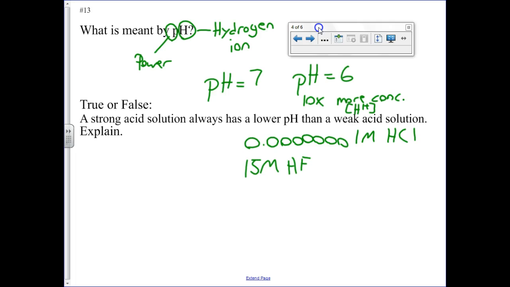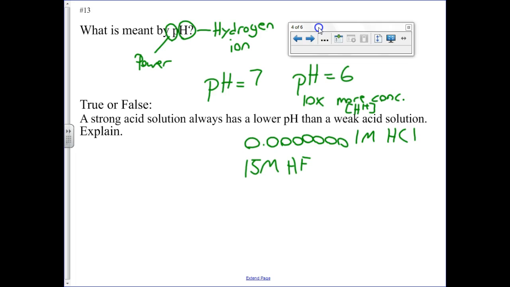So yes, every single one of these molecules will break apart and give me a hydrogen ion. Only a few of those are going to break apart. But I have a factor of like 15 billion more hydrogen fluoride molecules than I do HCl molecules. So I will have a greater concentration of hydrogen ions in that case.